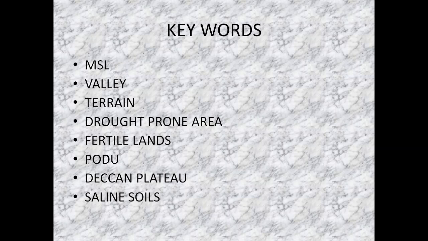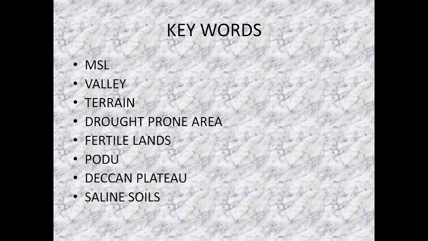Basing on this, the landform will be categorized like mountain, hill and plain. Similarly, valley, terrain, drought prone area, fertile lands, Podu is a type of agriculture, Deccan Plateau, saline soils. So these are the keywords that they come across during the discussions.